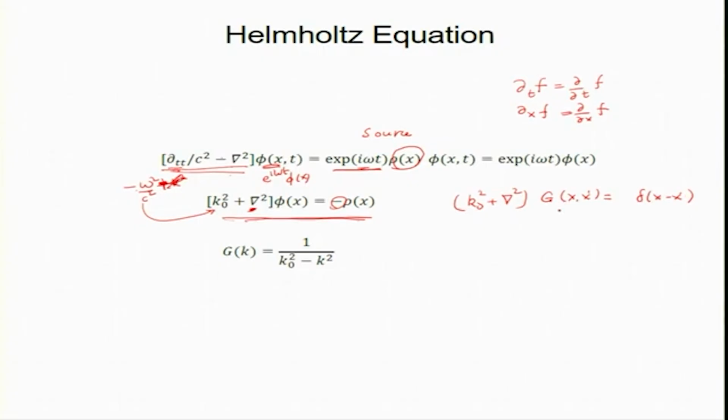Now, when I do the Fourier transform, then e to the power i k dot x will give me minus k squared, and this is my Fourier transform of the Green's function g of k. This is a bit of algebra, but I can't do every step. You should be able to see that this will indeed be the Green's function.